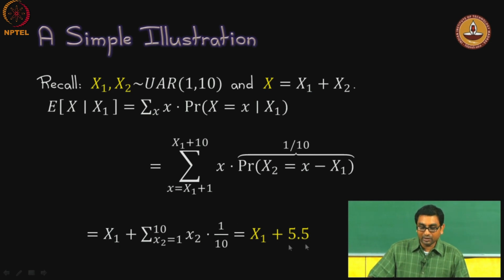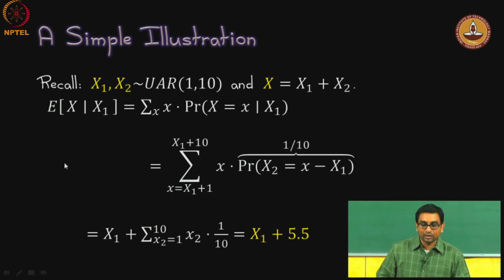So, on the right hand side you cannot have a constant, you will again have a random variable. That random variable is x1, and over and above that you add 5.5. That makes a lot of sense, because whatever your x1 value is, your x is going to be, on expectation, 5.5 plus that original value of x1. So, hopefully the intuition at least is very clear.